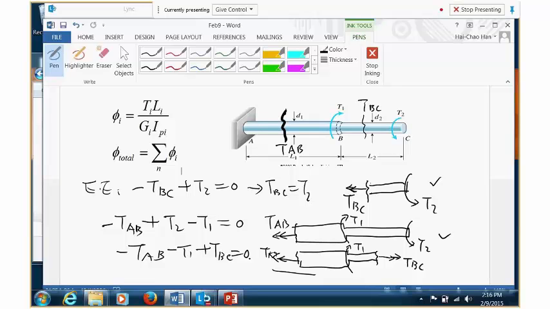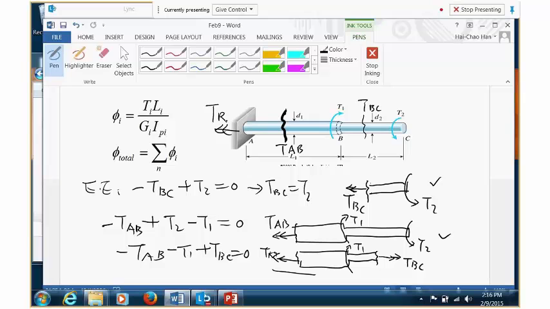Okay, so is this problem determinate or indeterminate? It's determinate because based on the equation of equilibrium, I can find all the internal force reactions, right? For example, if I want to find out the reaction moment TR on the wall, can you find it?